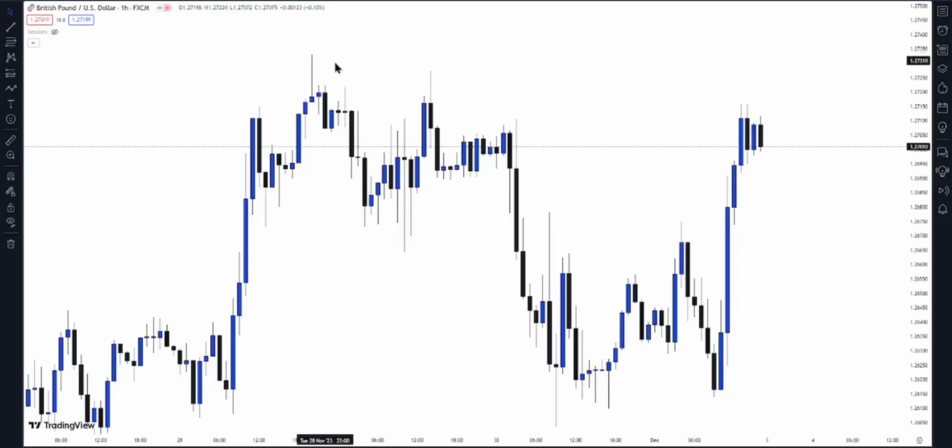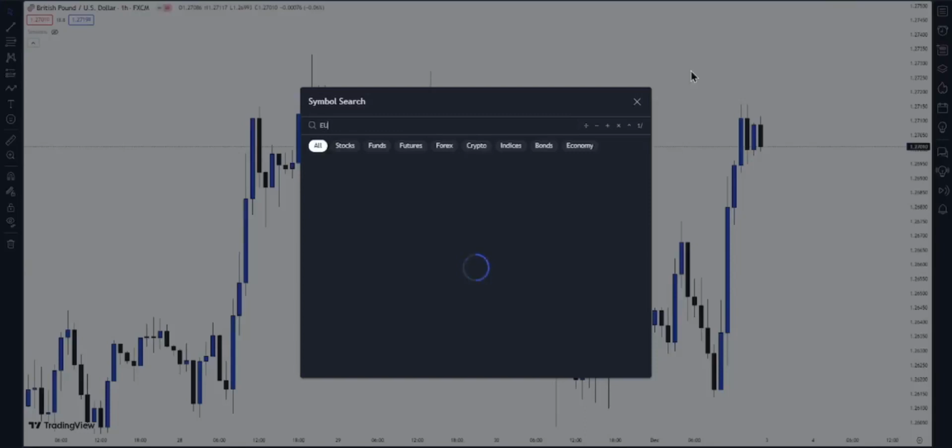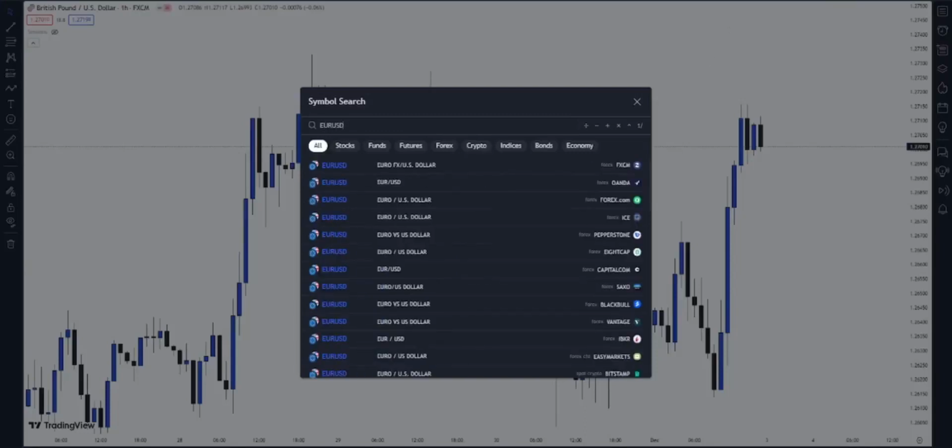If it takes it out and gives us any form of inducement and OB, then we will be more than happy to take it. So that's the picture on GBPUSD, both on the daily time frame and on the 1H time frame. Let's quickly get to EURUSD and see what price is doing.